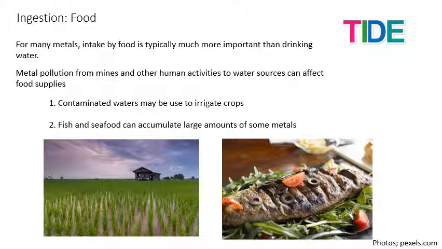This can occur either through the uptake of metals from water used to irrigate crops into the soils and eventually into plants, and as well as into fish and seafood, which can accumulate large amounts of certain metals from the water in which they grow in.